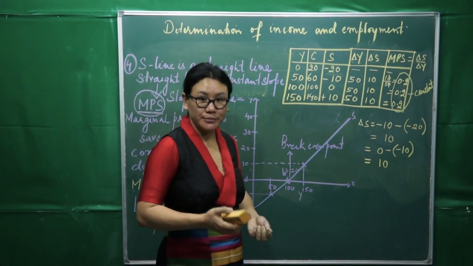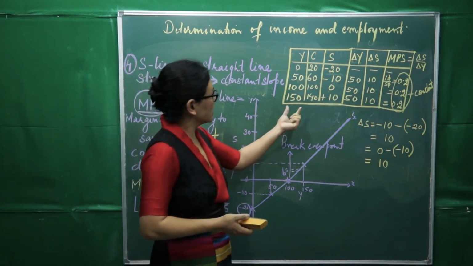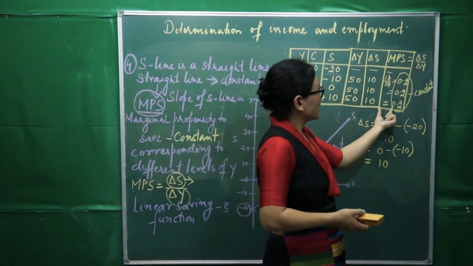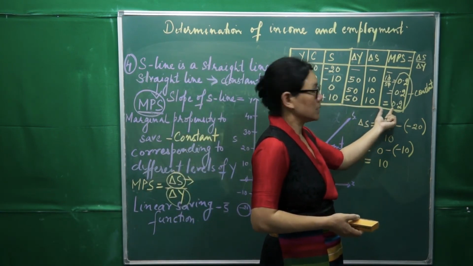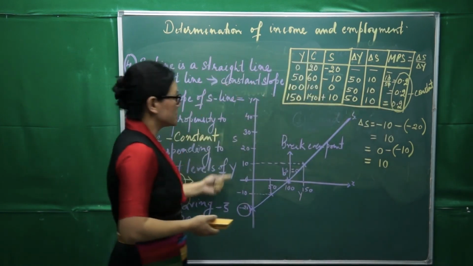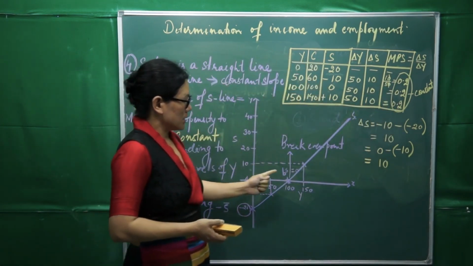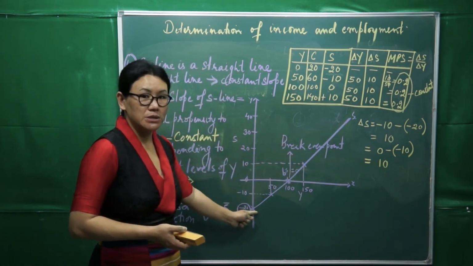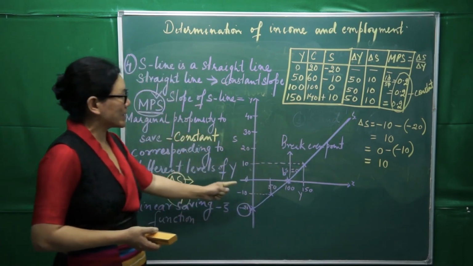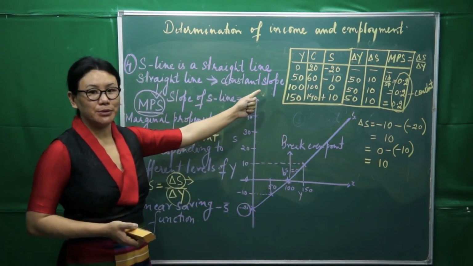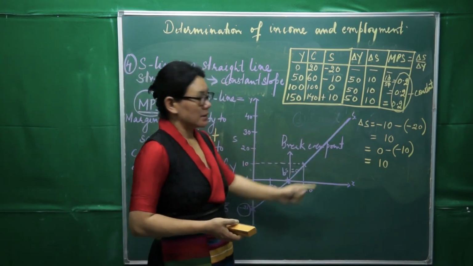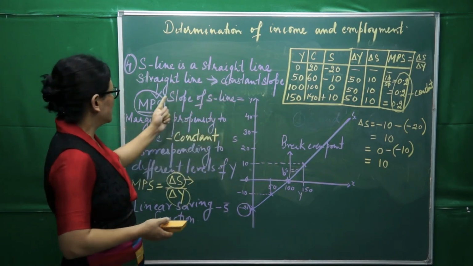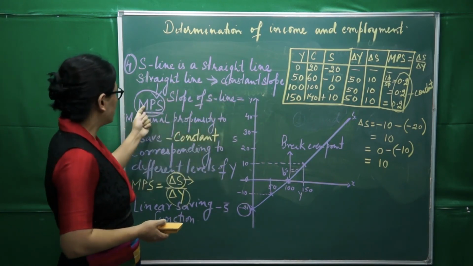So again, in brief, what I have done is, using this schedule, the calculation of MPS is done, and as per this description, describing the saving function being a straight line, and this straight line having a constant slope, which is indicated by MPS.